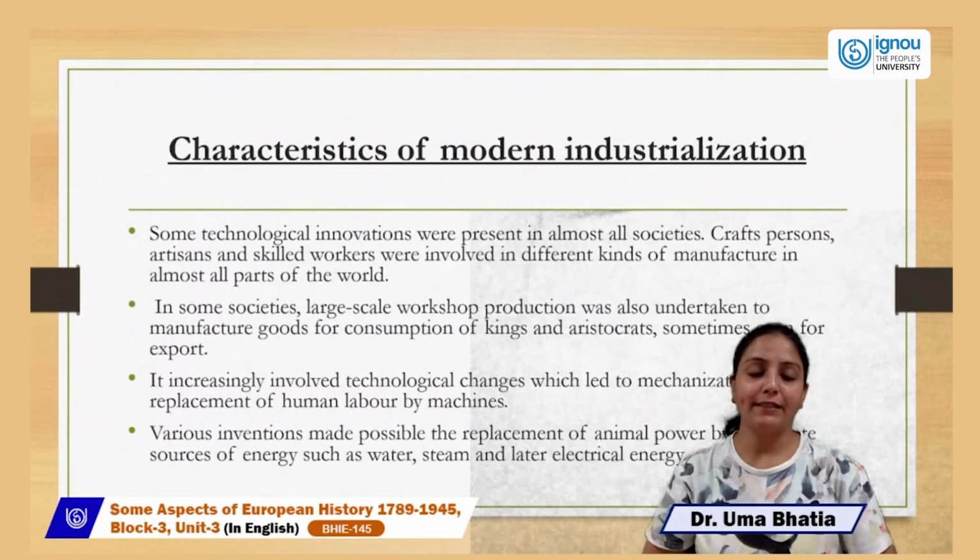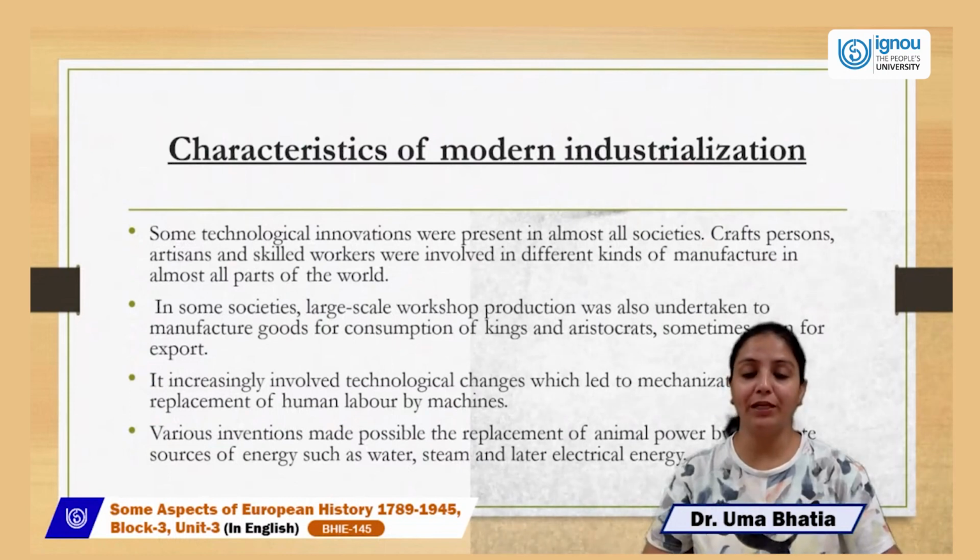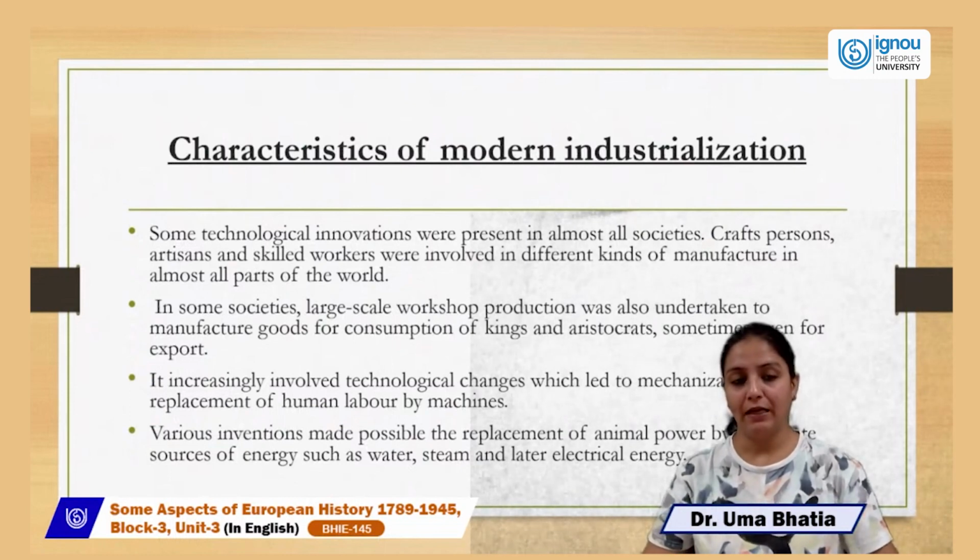In some societies, large-scale workshop production was also undertaken to manufacture goods for consumption of kings, aristocrats, and sometimes even for export. It increasingly involved technological changes which led to mechanization and replacement of human labor by machines.